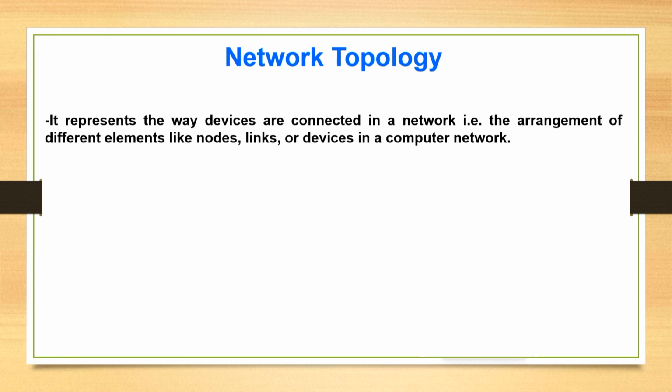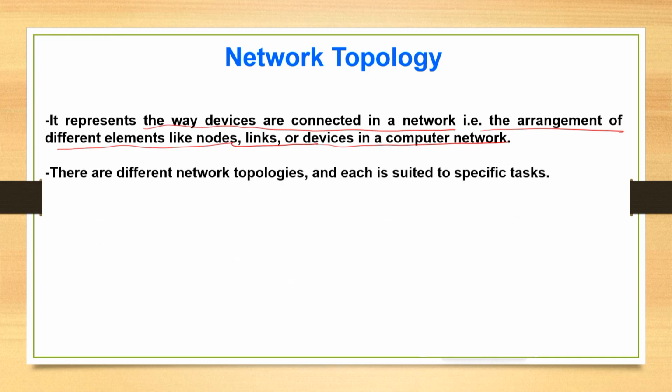So, network topology represents the way devices are connected in a network, or in other words, it is an arrangement of different elements like nodes, links or devices in a computer network.